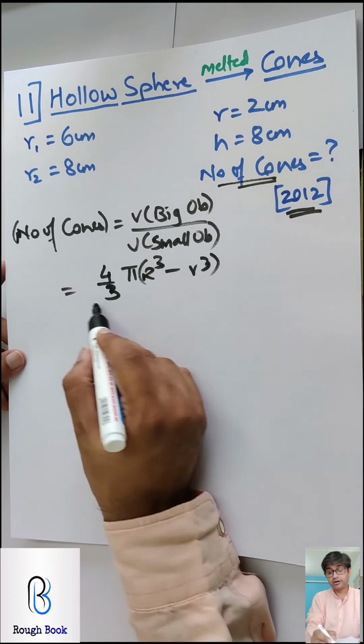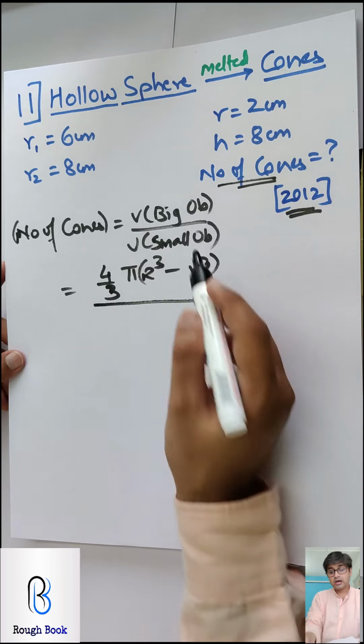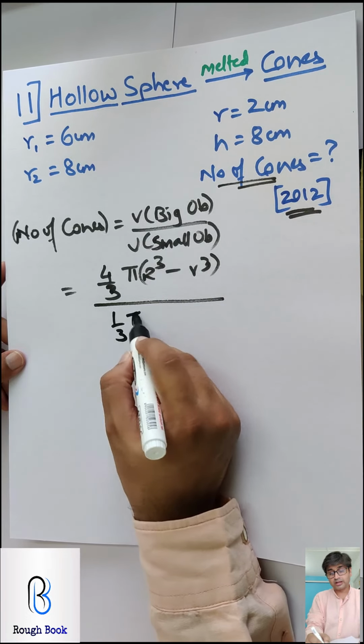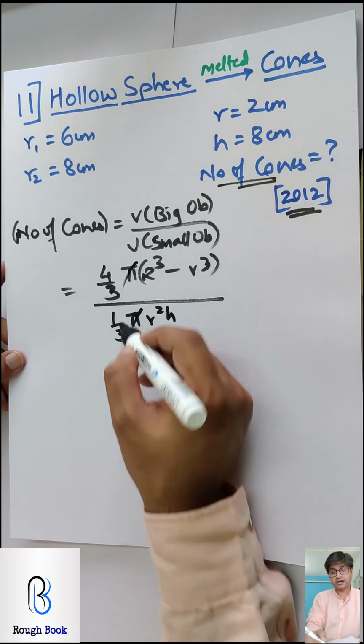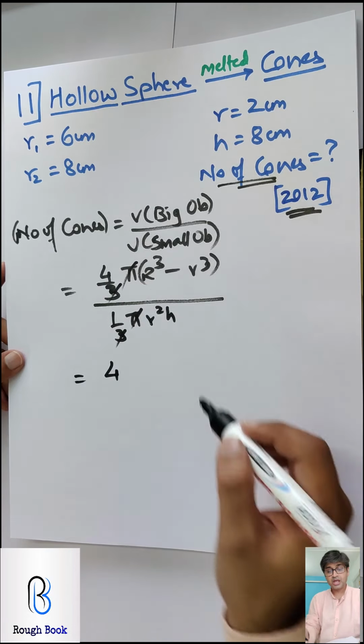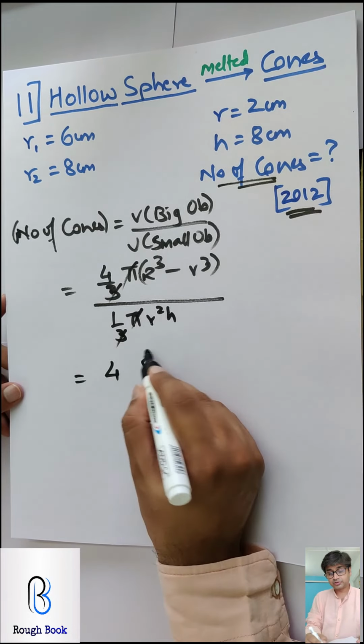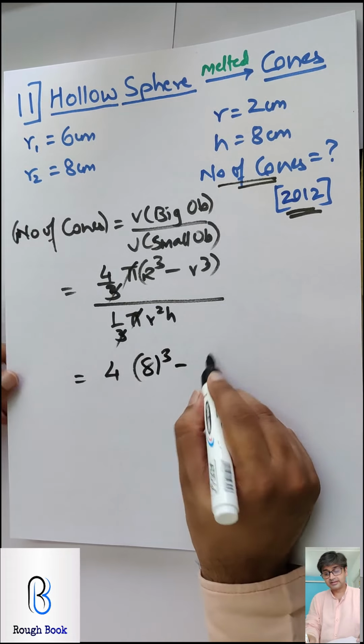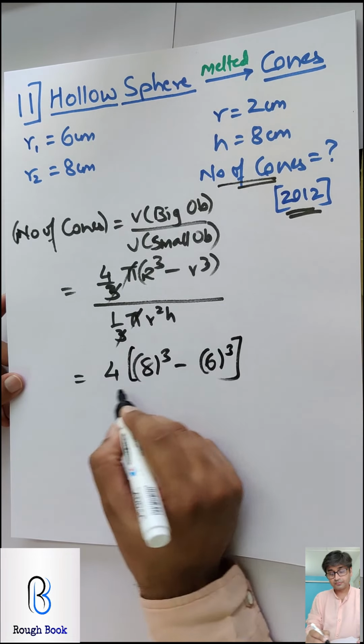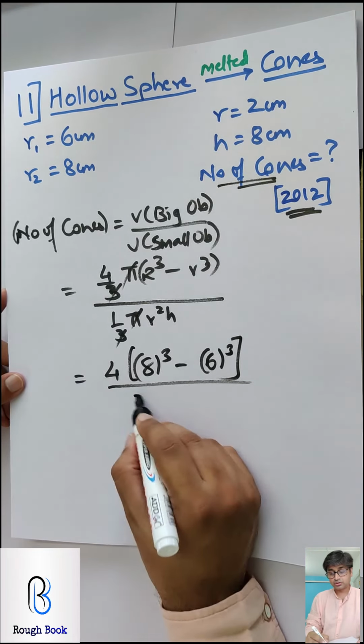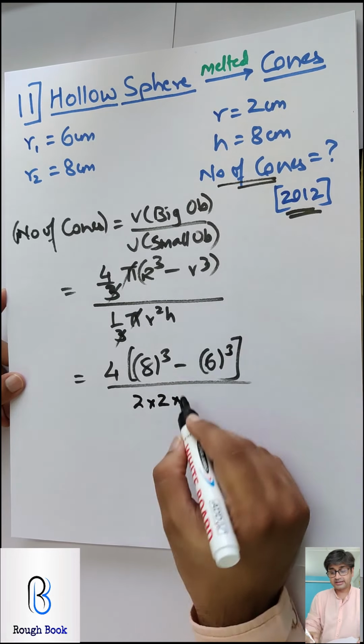Okay, I hope by now you already know what is the logic of this. Small object is the cone, so 1/3 pi r square H. Pi cancels, 3 cancels, 4. Outer radius is 8, so 8 cube. Inner radius is 6, therefore 6 cube. Upon outer radius is 2, so 2 into 2, and height is 8.